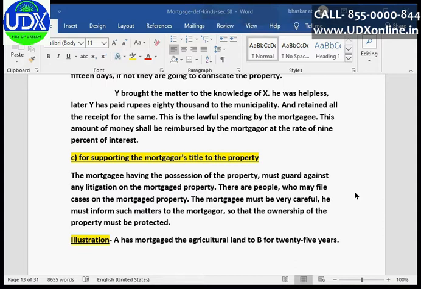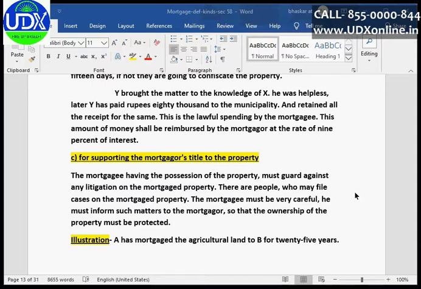When any such information is received by the mortgagee, then the mortgagee should not keep quiet. Mortgagee must speak to the owner, that is the mortgager.